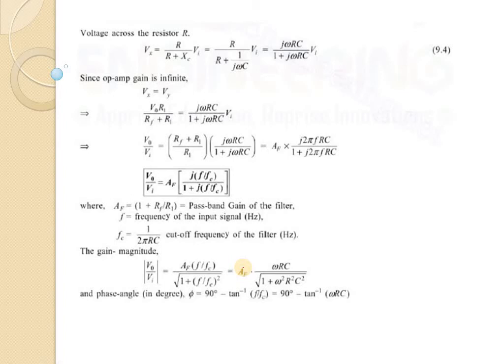So the gain magnitude becomes AF omega RC divided by root over 1 plus omega square R square C square, and the phase angle becomes 90 degrees minus tan inverse F by Fc, that is 90 degrees minus tan inverse omega RC. So this is the phase angle we have calculated.